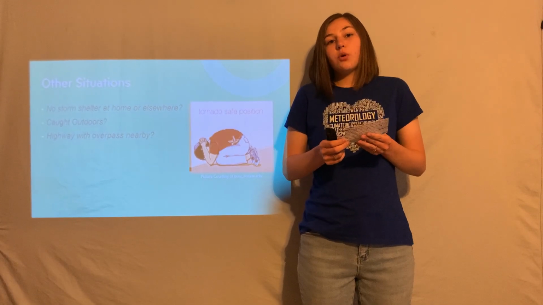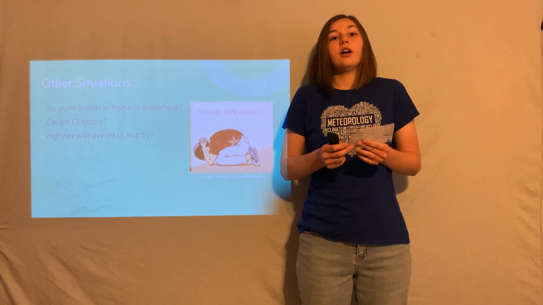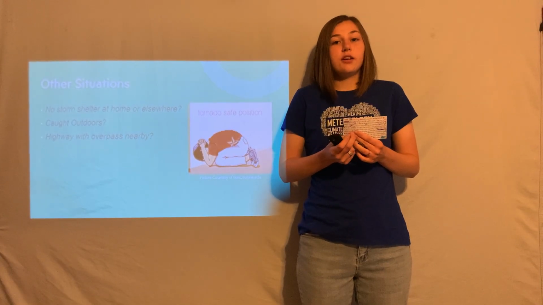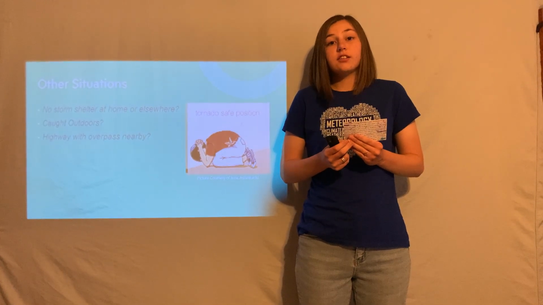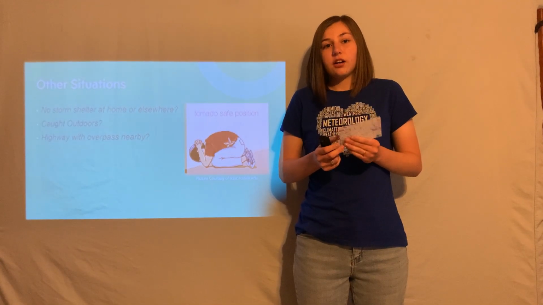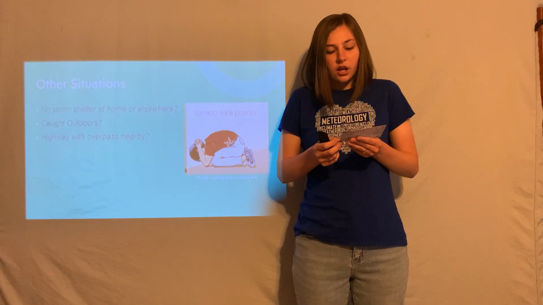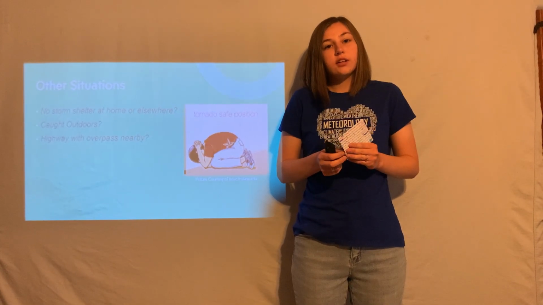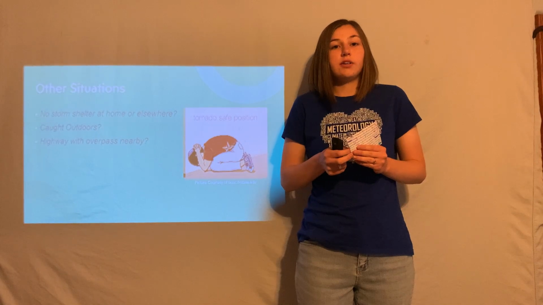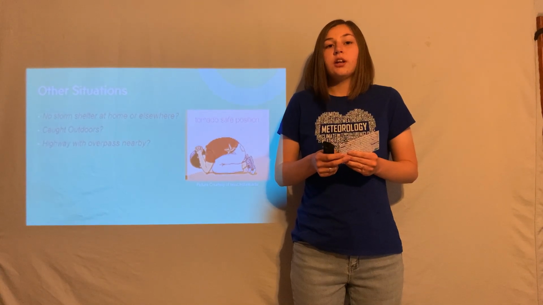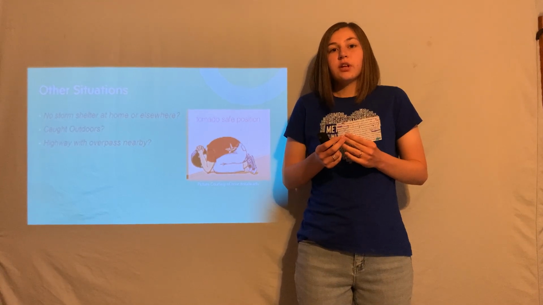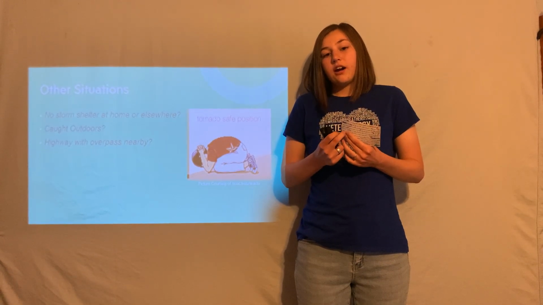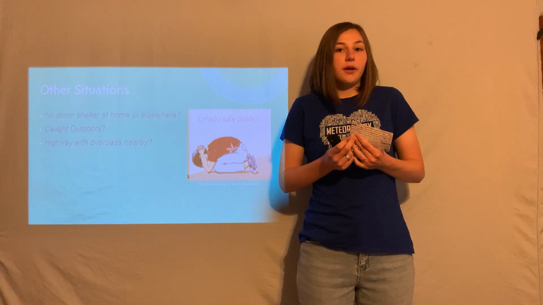If you are caught outdoors and a tornado is headed for your area, take shelter immediately in the nearest building, or if there are no buildings, go to the lowest lying area such as a ditch and lie flat covering your head. If you are caught on the road driving, such as on a highway, and a tornado is headed towards your location, then you should evacuate immediately into a building or go to the lowest lying area if there are no buildings nearby.